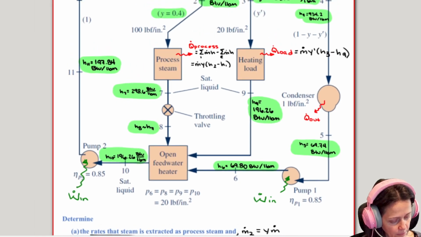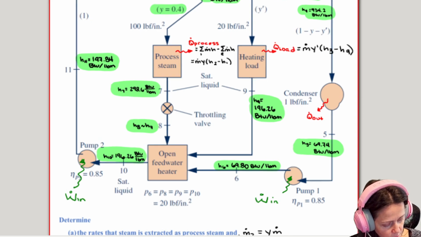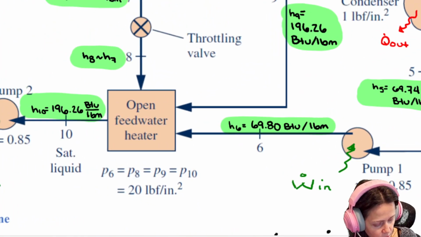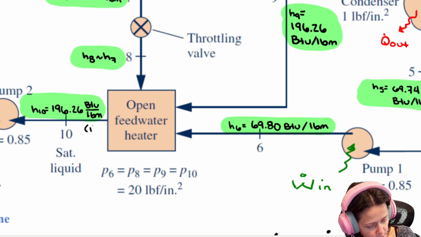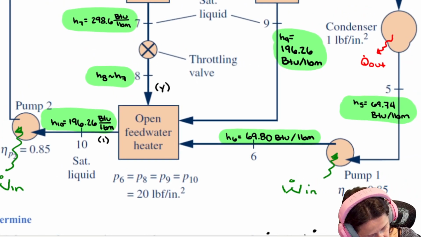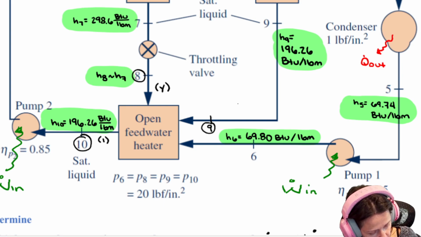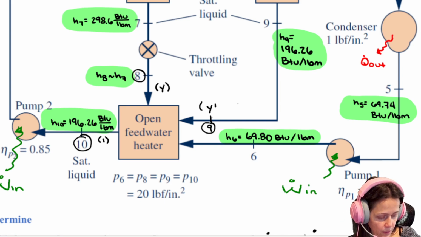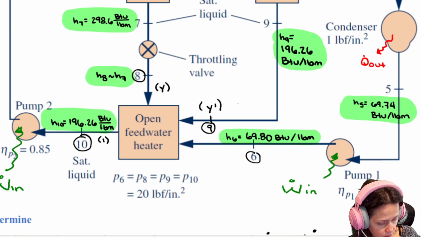So if I did my mass balance on that, let's zoom in here just a bit. State 10 is 100% of the flow, 8 is y, 9 is y prime, and 6 is 1 minus y minus y prime.